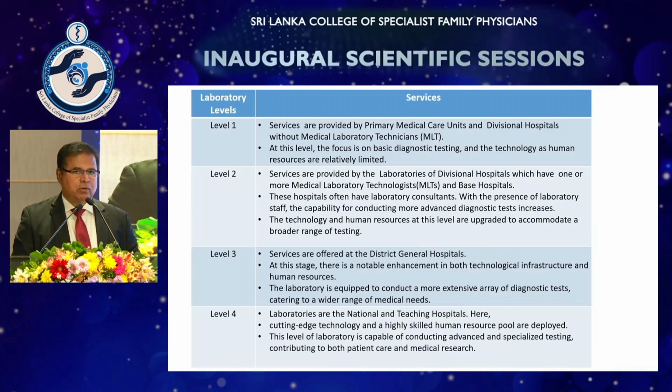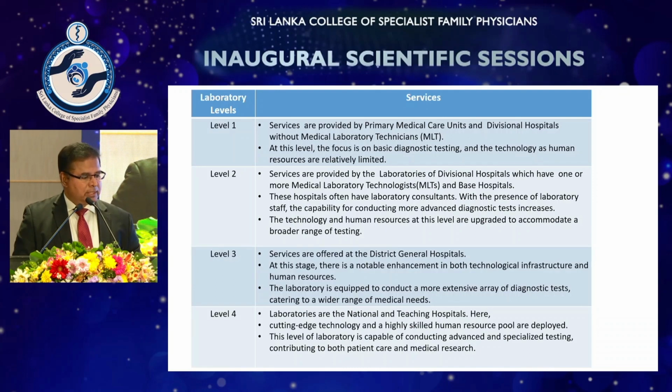Level 1 laboratories are basically at primary medical care units. There are no laboratory MLTs there. Their tests are usually done by point of care testing like glucometers and so on. Even so, they can provide basic diagnostic testing in relation to hematology as well as biochemistry.